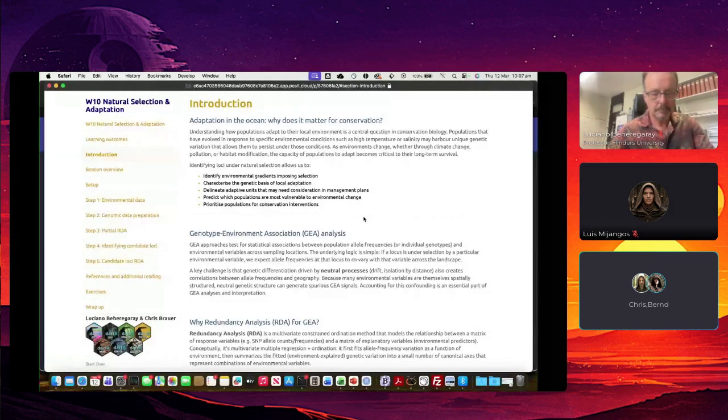Or are you more interested in understanding what the main aspects of the environment are that might be imposing selection on your particular population? You might have more of a focus on how the environment varies relative to your species and your population. Then that might be more important for your question than getting to answer which bits of the genome are important for that.